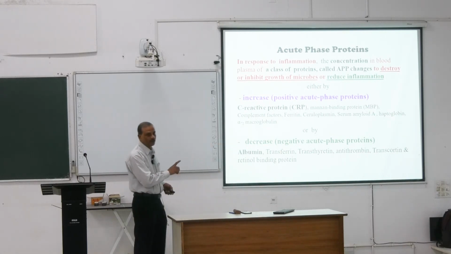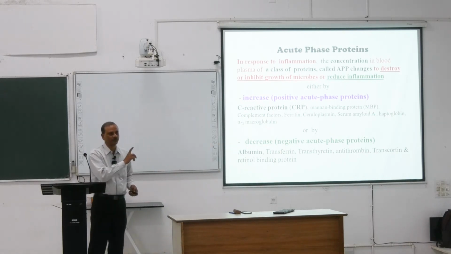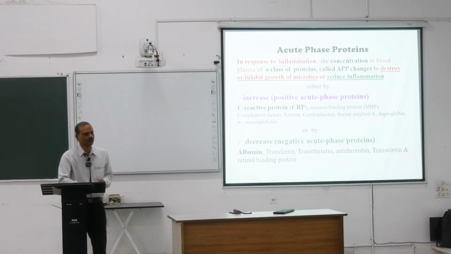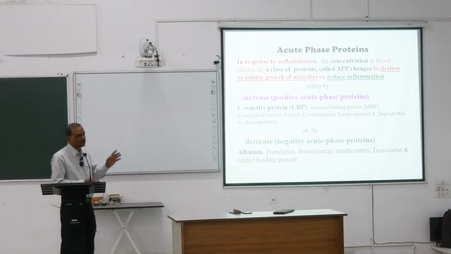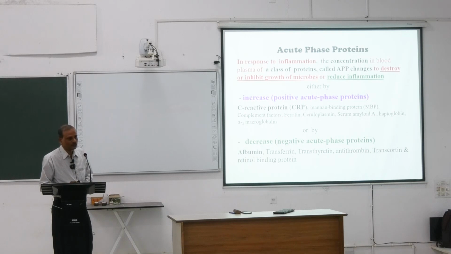One slide. This you will advise in all patients undergoing inflammation. Acute phase proteins: in response to inflammation due to any cause, I repeat, the concentration of a class of proteins in the blood either increases or decreases.